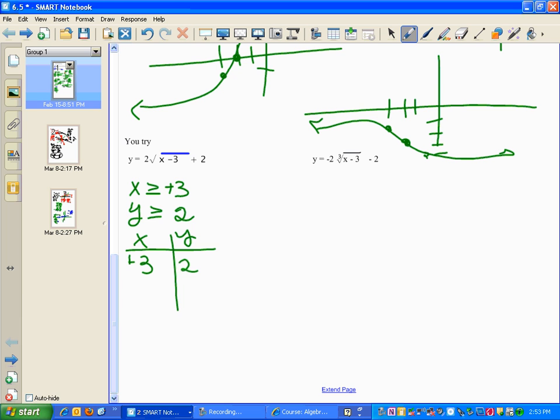Well, when you plug in this value, then you get a 2, don't you? So if you substitute in 3, you're going to get 2 times 0 plus 2, which is just 2, isn't it? Yeah. So your point is 3, 2.